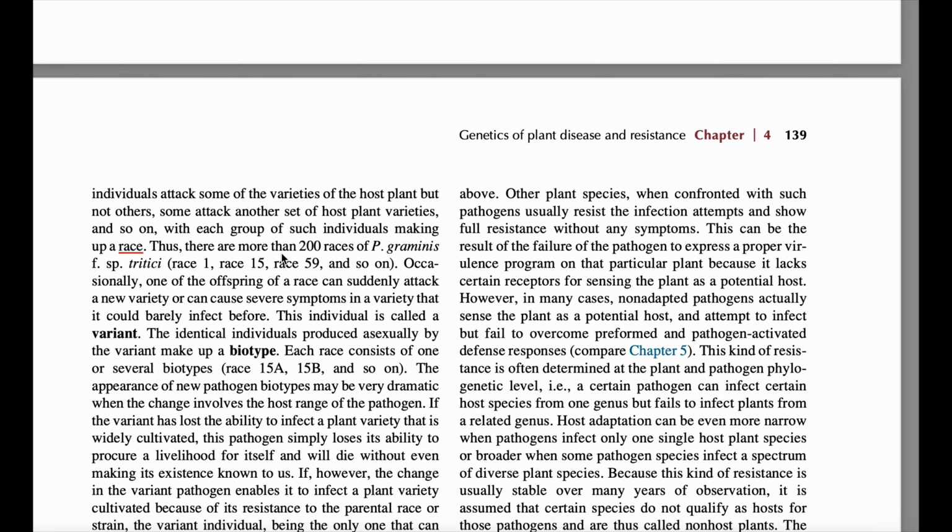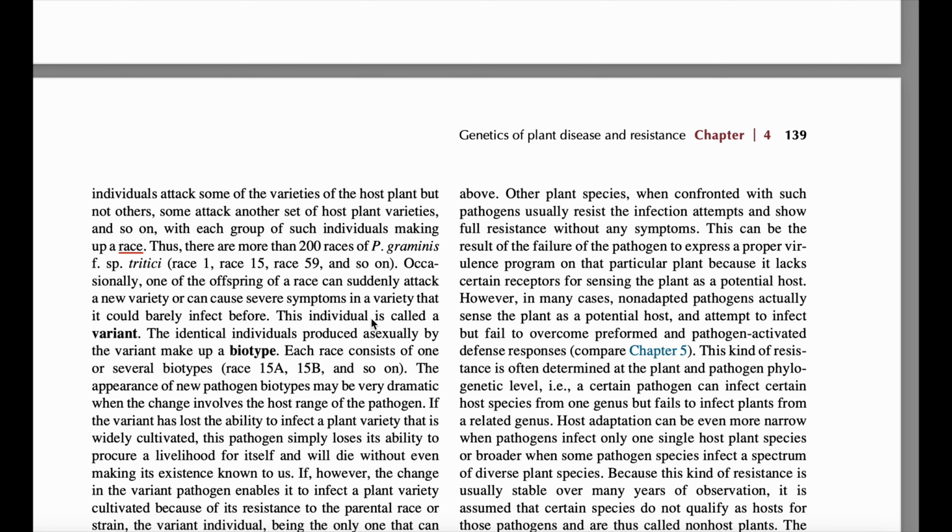Thus, there are more than 200 races of Puccinia graminis forma specialis tritici, like race 1, race 15, race 59 and so on. Occasionally, one of the offspring of a race can suddenly attack a new variety or can cause severe symptoms in a variety that it could barely infect before.